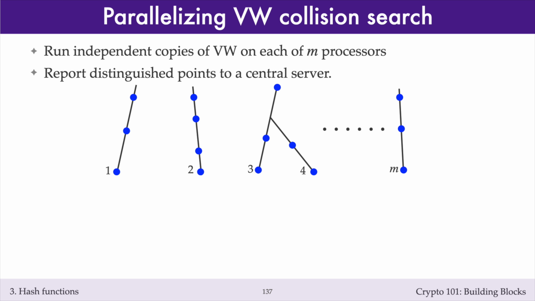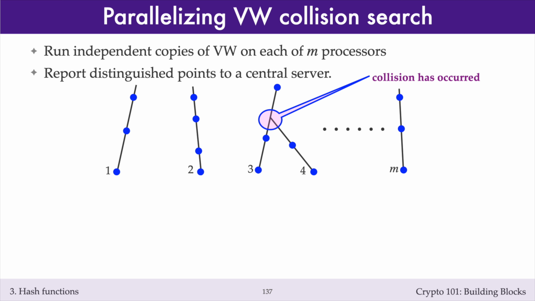Each processor would report distinguished points encountered to a central server, and the central server would check for repeated distinguished points. Note that each processor begins with its own random starting point, and so each processor computes a different sequence. The key point is that each sequence can now collide either with itself or with another sequence as shown here.